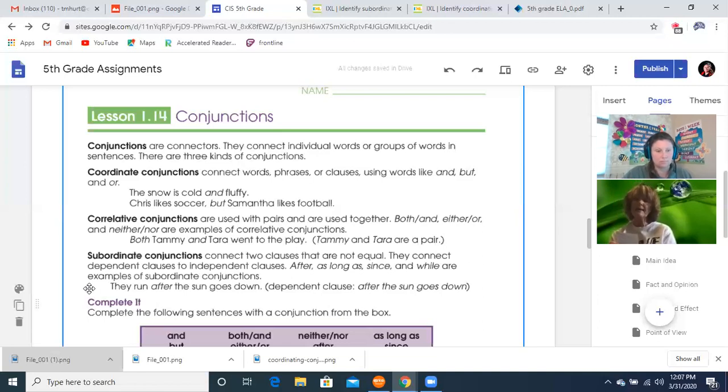The independent clause is "they run" because it has a noun and a verb. And "after the sun goes down" is the dependent clause. It can't stand alone, where the other one can. Does that make sense?